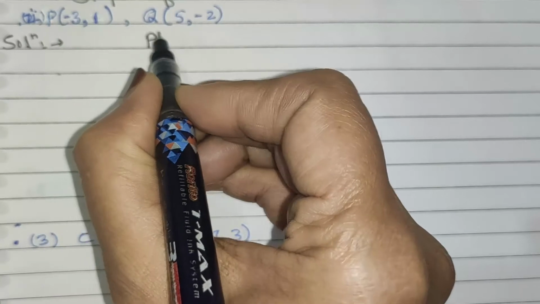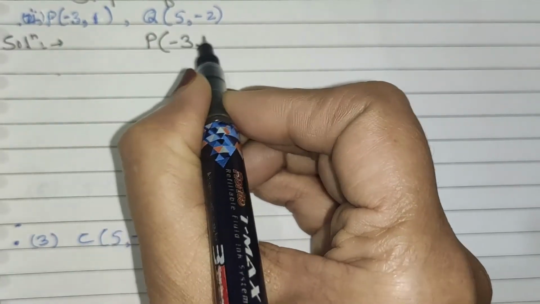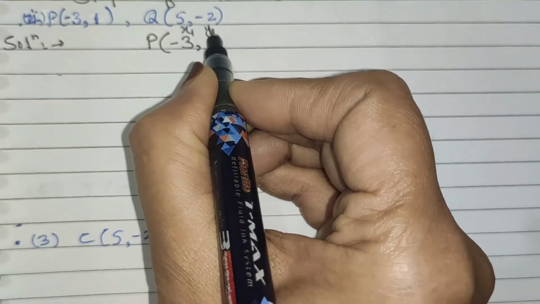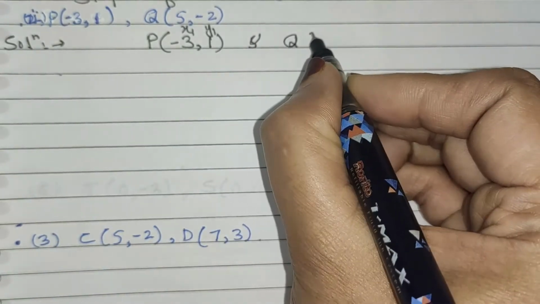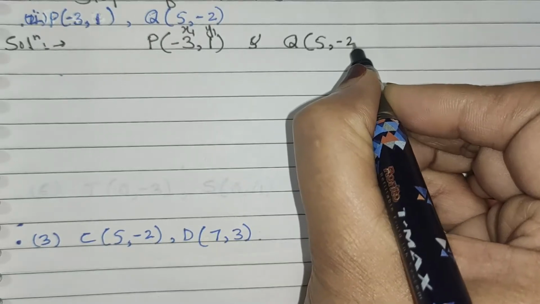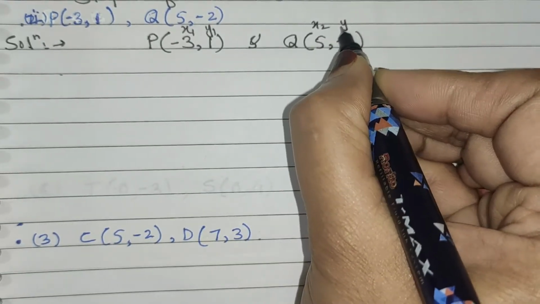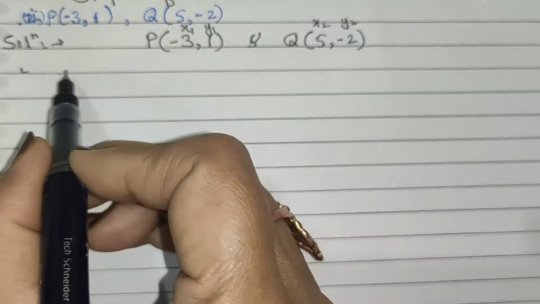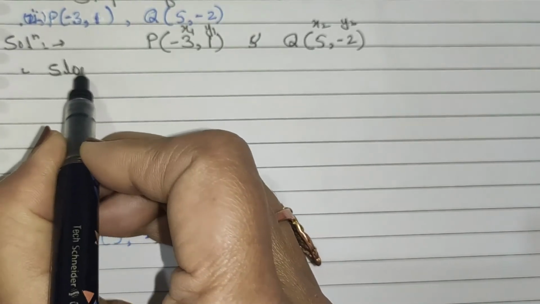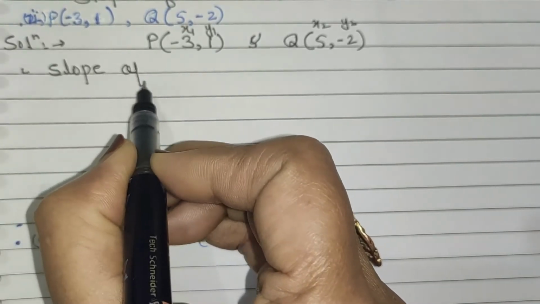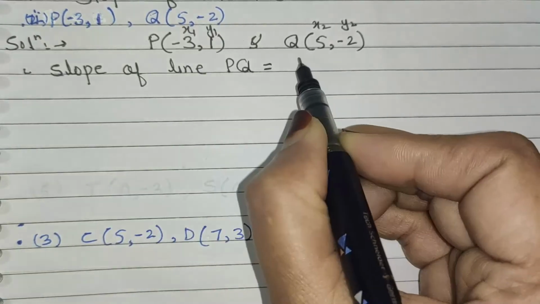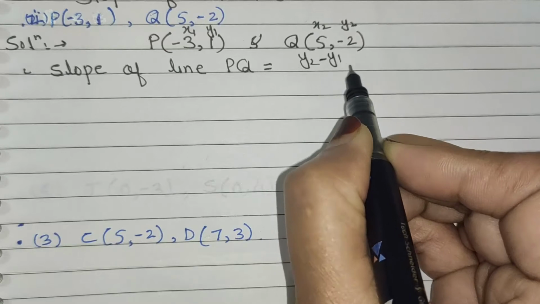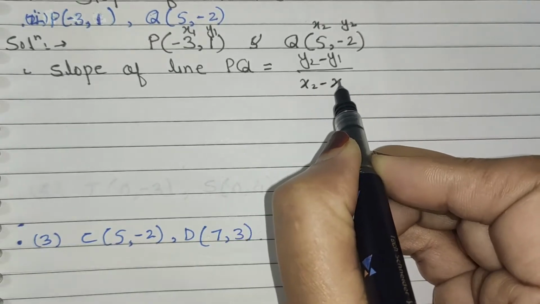Let us consider the coordinates of point P are x1, y1 and the coordinates of point Q are x2, y2. Therefore, by using formula, slope of line PQ is equal to y2 minus y1 upon x2 minus x1.